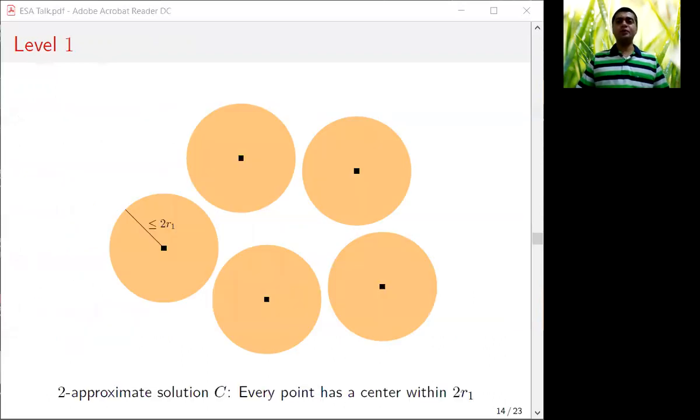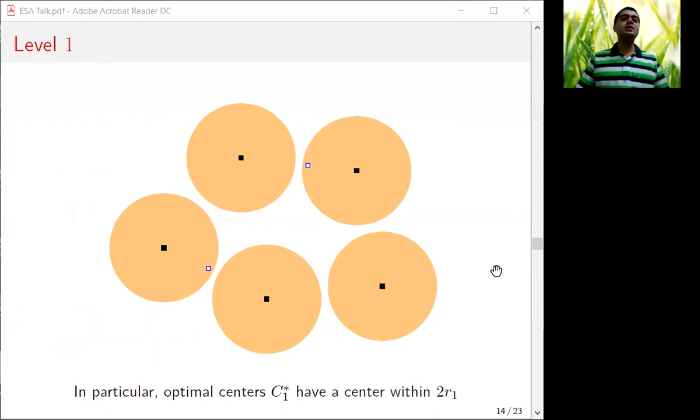So let's look at a picture. Here we have a 2 approximate solution. We have these K centers here, at most K centers, and the radius of any of these balls is at most 2R1. All the points are covered by at least one of these K balls, which means that even the optimal centers of level 1 balls are covered by these balls.